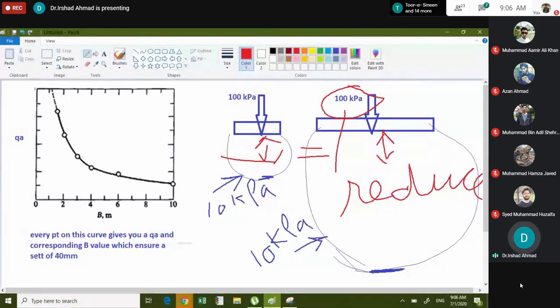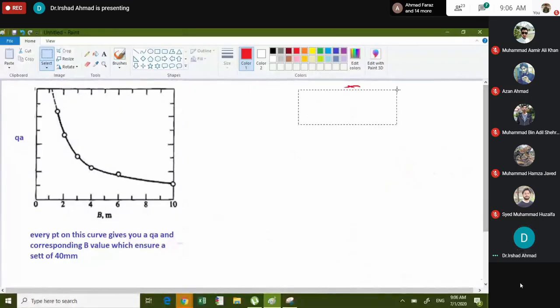Remember that this curve belongs to settlement criteria. But if I ask you to plot on the same graph the Terzaghi bearing capacity equation, you remember that it has three terms.